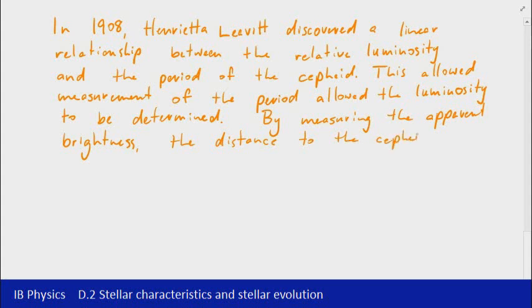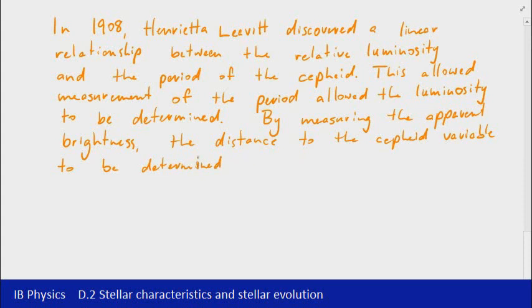So this allowed us, like I said, to explore further than our own galaxy, and expanded the distances that we were talking about with these other galaxies.